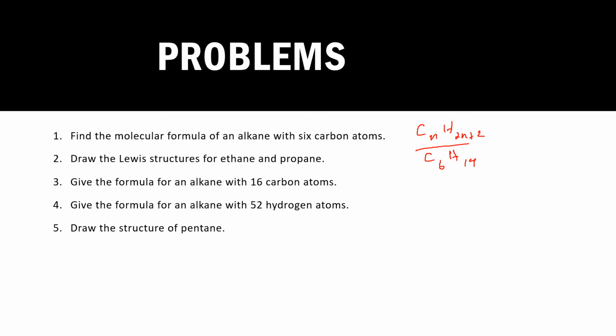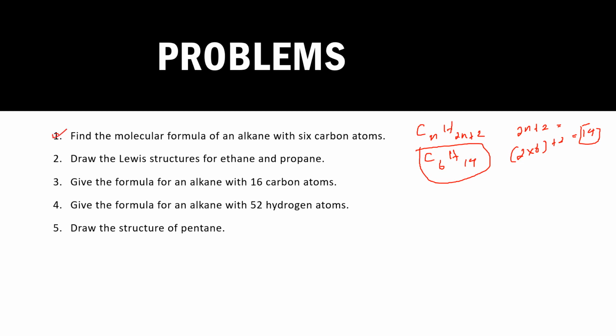I think you got it. So C6H14. That means you just substitute 6 for n. Therefore 2 times 6 plus 2 is 14. This is how 14 came. The first question is done.